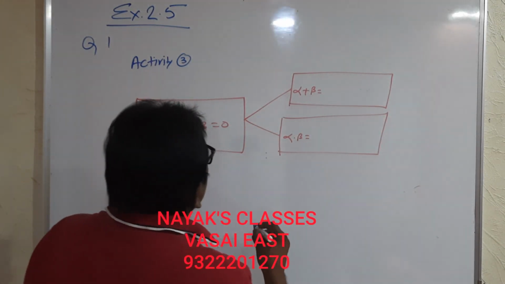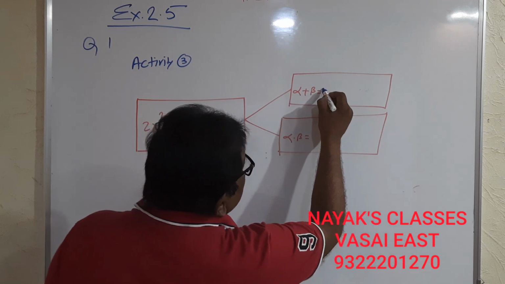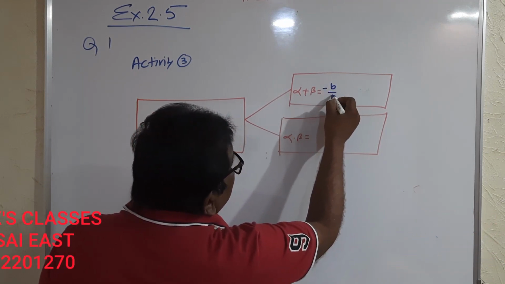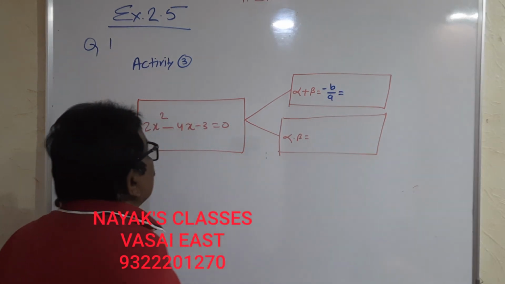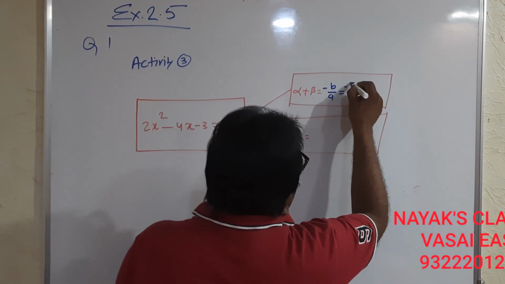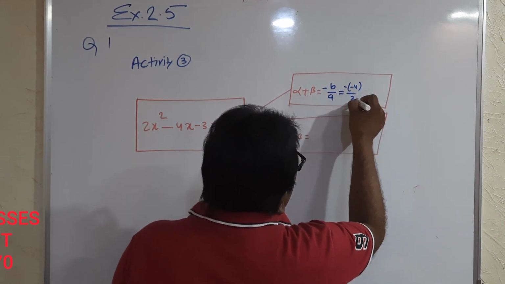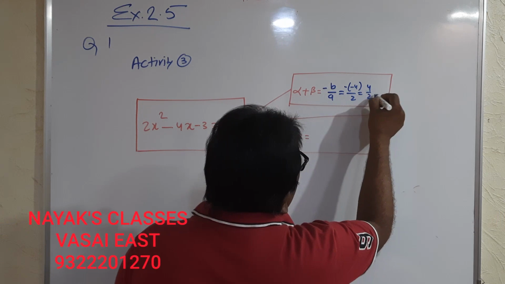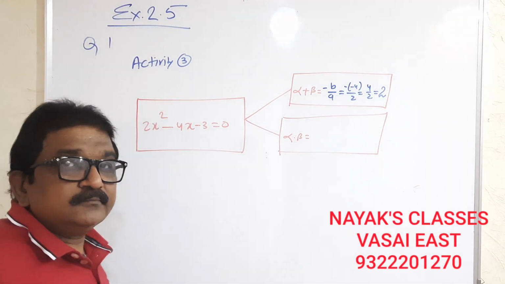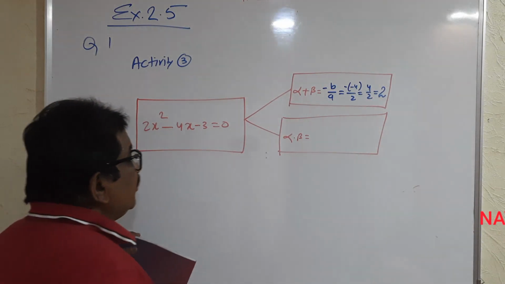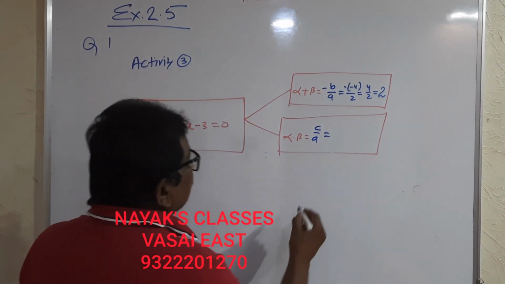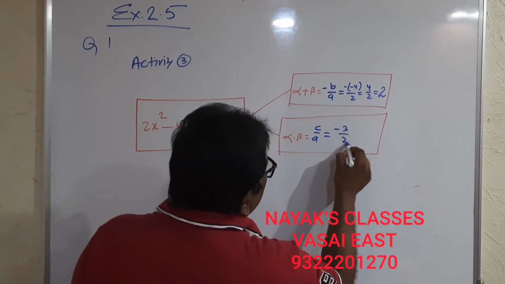We know alpha plus beta is equal to minus b upon a. So our b is minus 4, upon 2. Minus of minus 4 upon 2 is equal to 2. And alpha into beta is equal to c upon a, which is equal to minus 3 upon 2.